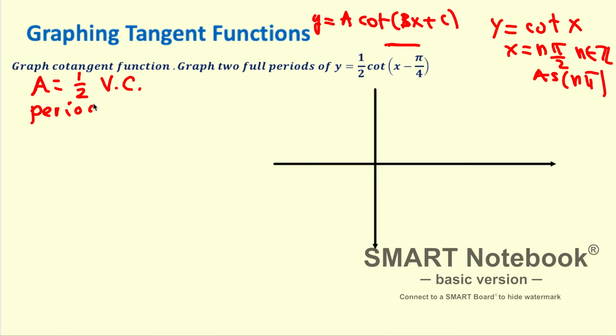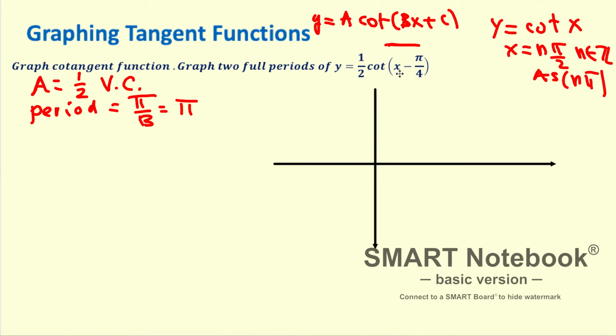The period is equal to pi divided by b, and in our case b is 1, because we don't have any number. Pi divided by 1 is just pi. So this is the period, the same as in the parent function cotangent x, so it doesn't change anything.